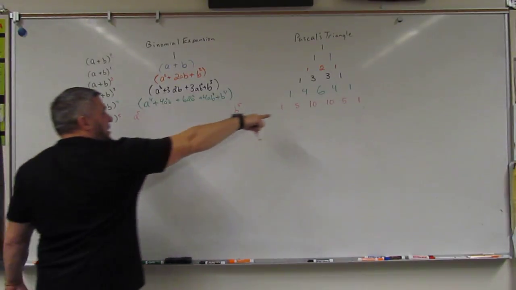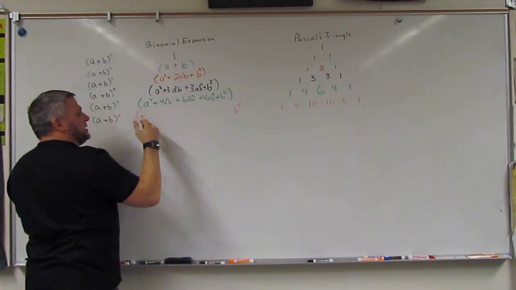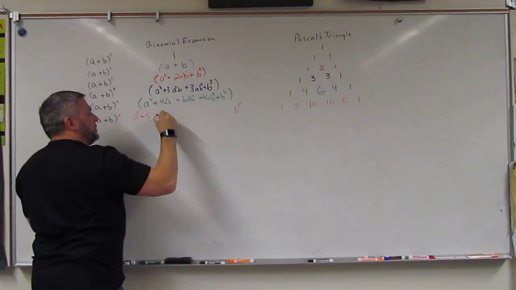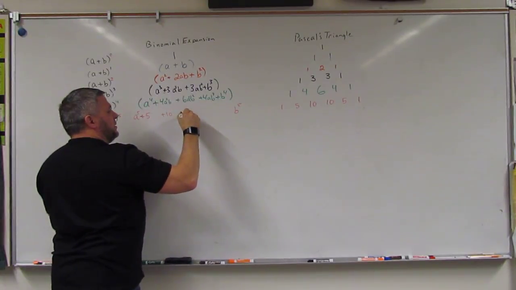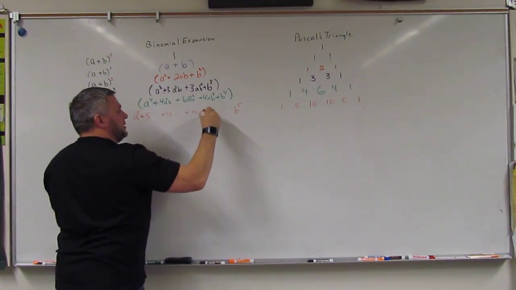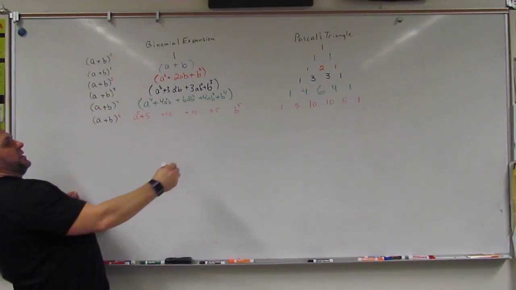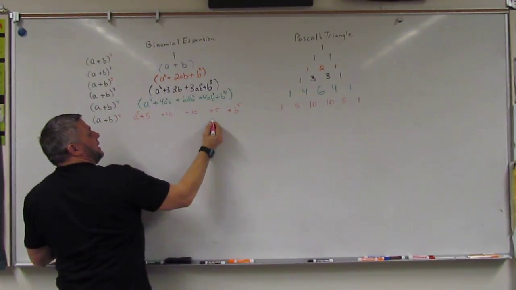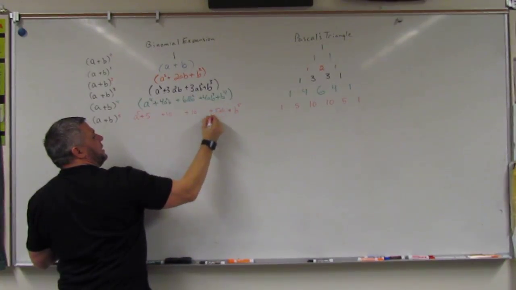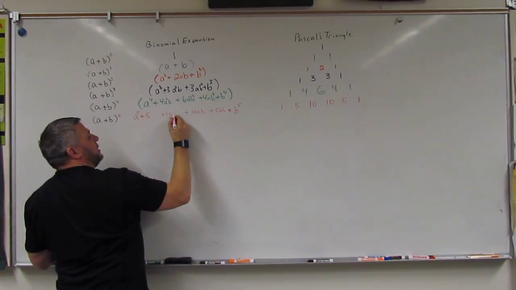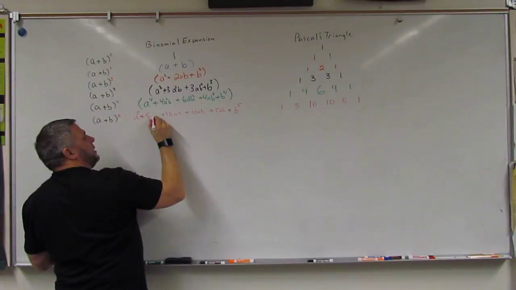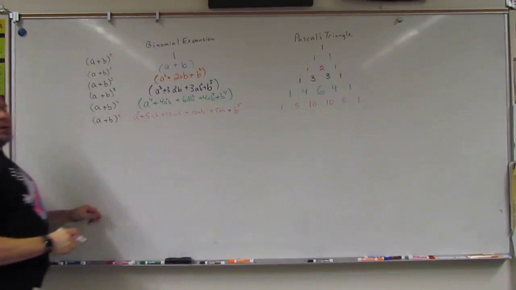And then we got to follow our pattern. We're going to say plus 5 plus 10 plus 10 plus 5, right? And then a plus. And then remember, AB, AB, AB, and AB, right?